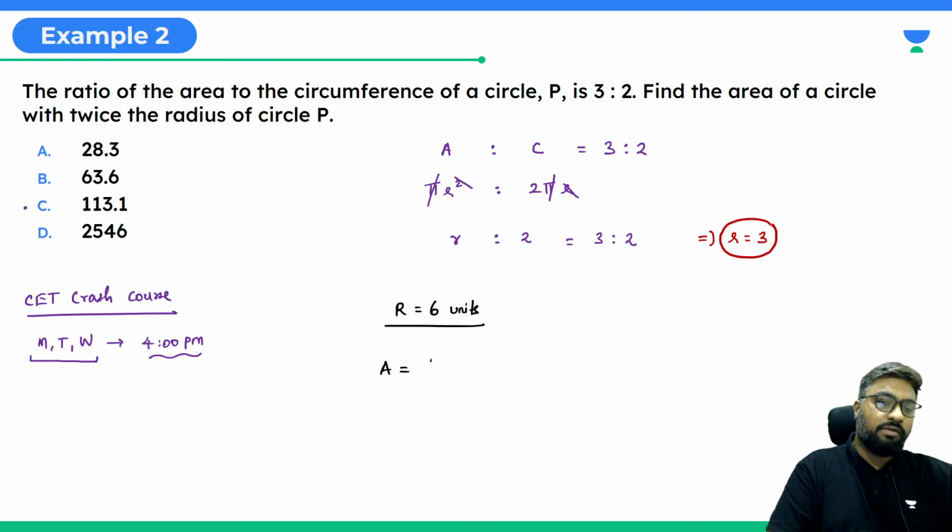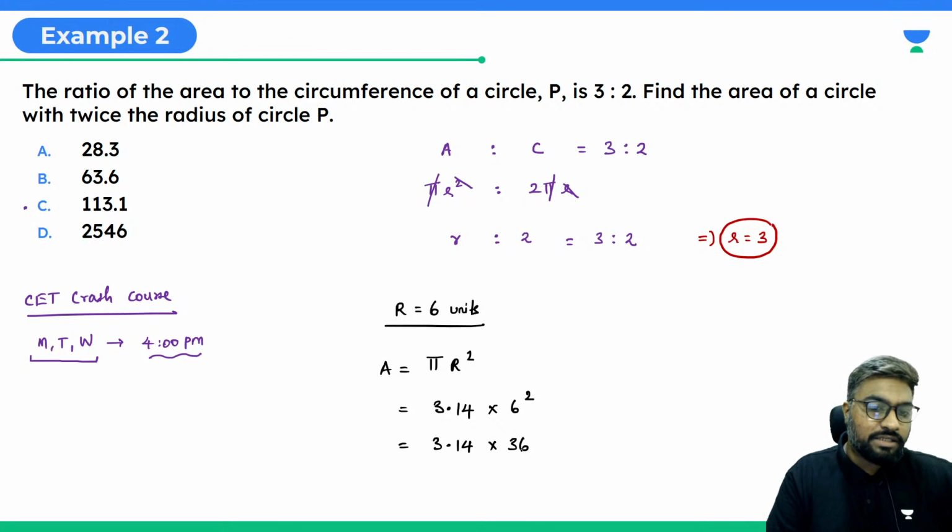So area of this is going to be what? Pi times r square, which is, we can consider 3.14 if we want to. 3.14 into r square, which is 6 square. So 36 into 3.14. 36 into 3 is going to be 108.